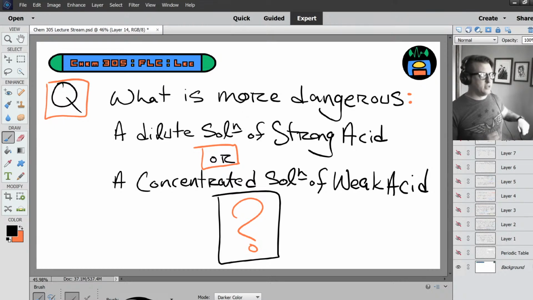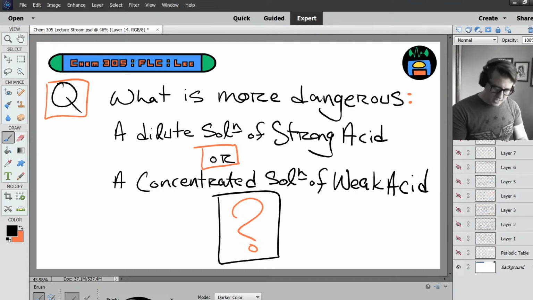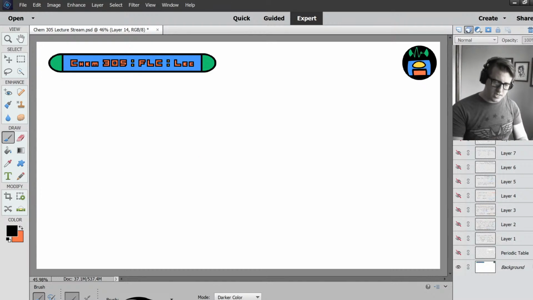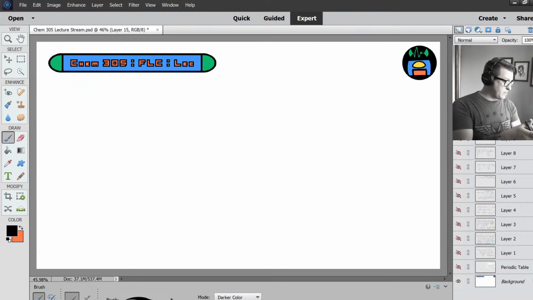But really, when you start talking about acidic solutions, you could have a very weak acid that has a very high concentration, and so the solution could be dangerous even though the acid is weak, right? Now, the point really of this question is to start to get us to think about solution acidity, not just the acidity of a molecule, but the acidity of a solution.